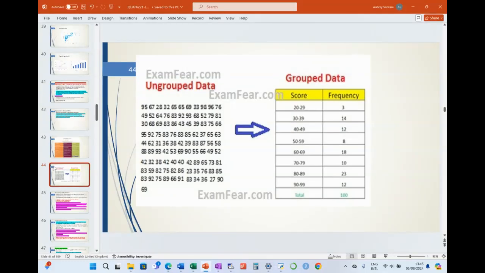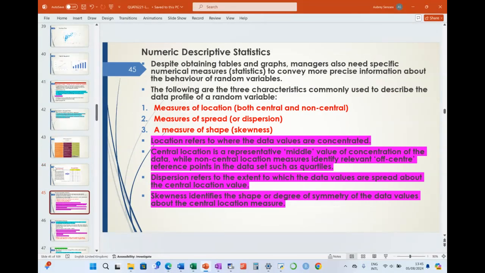And then now we group the data, and there you can see 20 to 29, there's your frequency, we've got 3 of those. So already you can see it's taking shape in terms of getting organized.